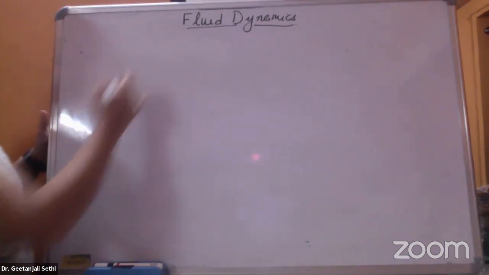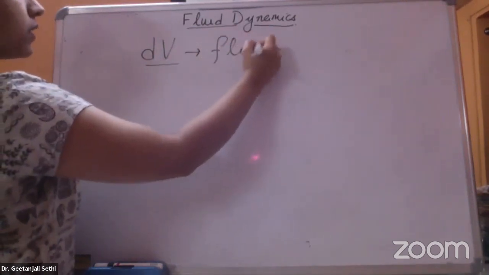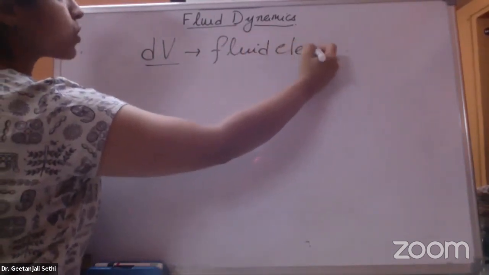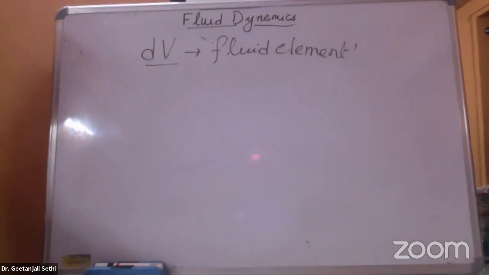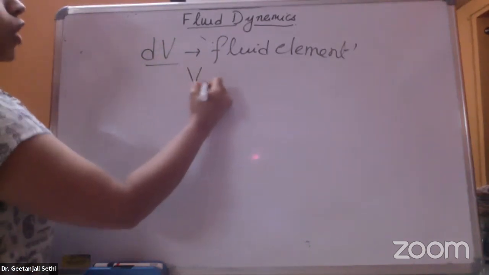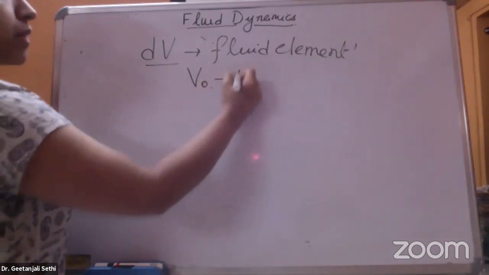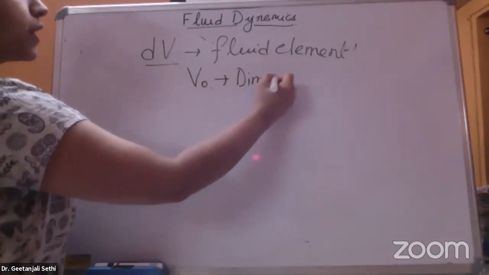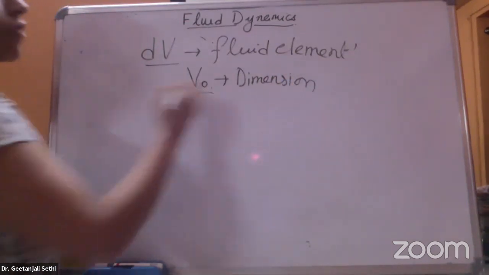What we found out yesterday was what we define as a fluid element. A fluid element is something whose size is much smaller than the actual volume at hand, the dimension of your problem. For example, if you are looking at fluid in a container, then V naught is the volume of the container.